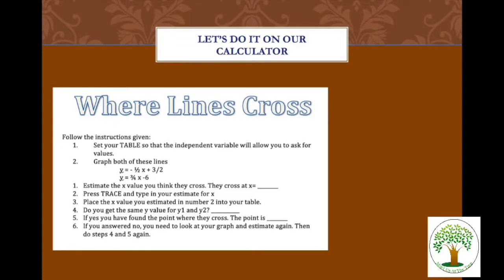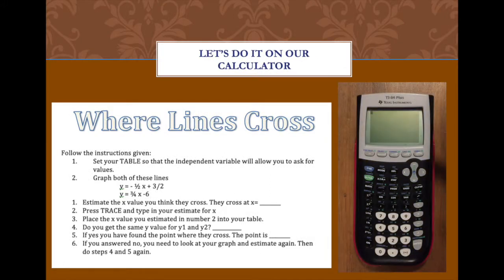I'm going to pause this because here is the top part of that worksheet. Where lines cross, we're going to follow the instructions that are given here on this paper. Number one, we're going to set your table so that the independent variable will allow you to ask for values. And so we're going to do that on your calculator. Here are your buttons at the top.